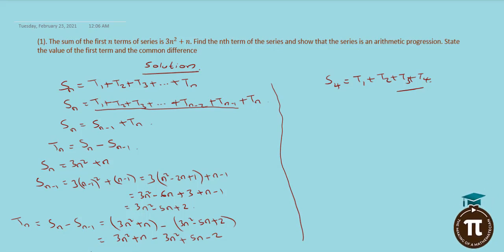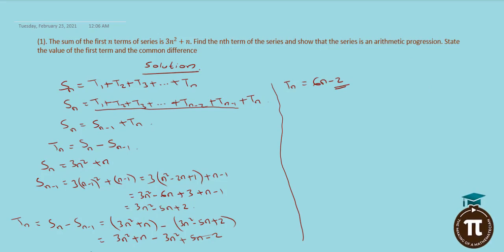At the end of the day, 3n squared minus 3n squared will give me 0. n plus 5n will give me 6n, minus 2. So let me rub off this side. At the end of the day, Tn will be equal to 6n minus 2. I'm done with this part.